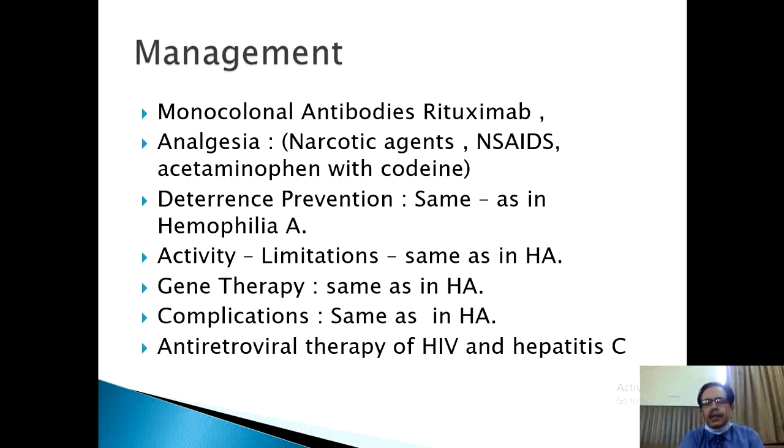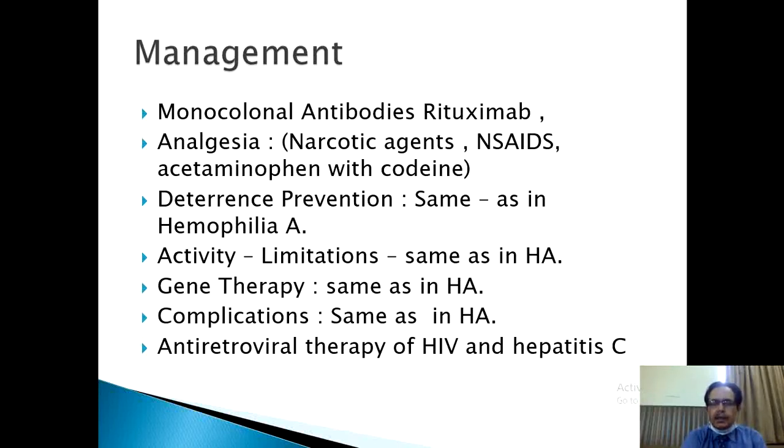If they fail, then you have to go the extra mile, and in those cases monoclonal antibodies like rituximab are the drugs which are tremendously helpful. For symptomatic relief, analgesia, narcotic agents, sometimes milder NSAIDs, and acetaminophen with codeine is the drug of choice for analgesia.